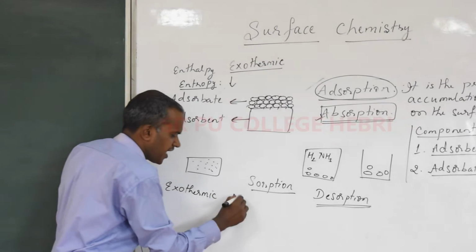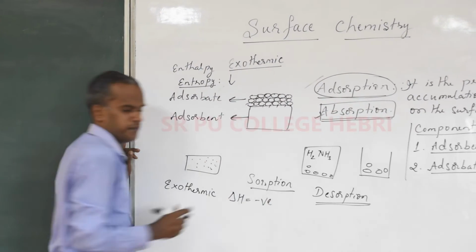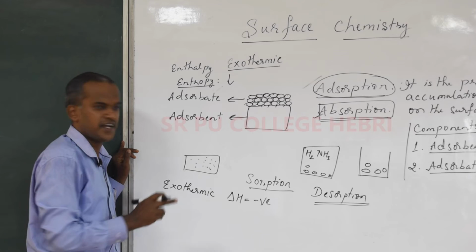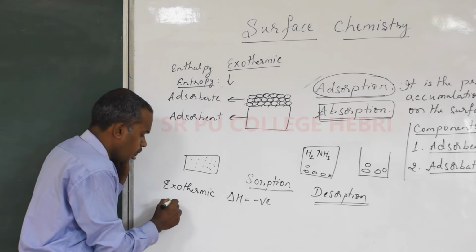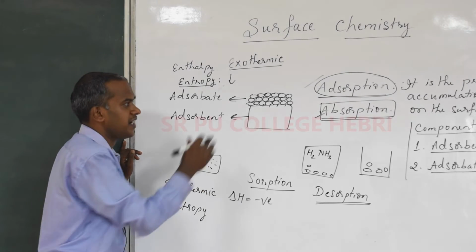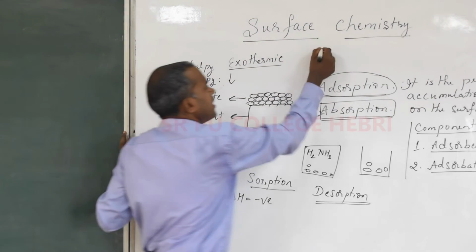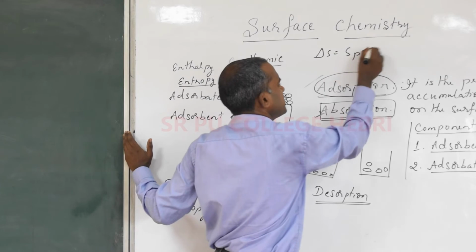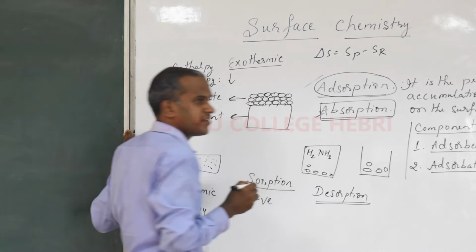Now coming to the sign convention, when the process is exothermic, as in adsorption, delta H is represented as negative. For all exothermic processes, delta H is negative. Now what about the entropy? The randomness is decreasing, and generally we calculate entropy change delta S as Sp minus Sr, entropy of the products minus entropy of the reactants.